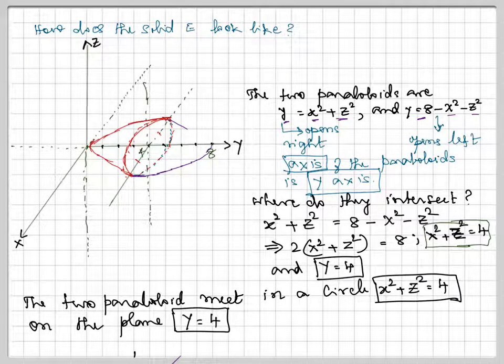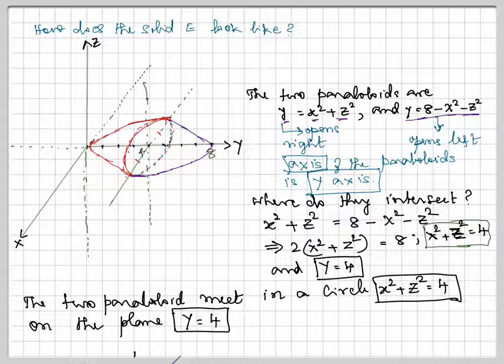If you plug in x equal to 0 and z equal to 0, you get y equal to 8. So the second paraboloid has its vertex at 0, 8, 0, because it cuts the y-axis at 8.